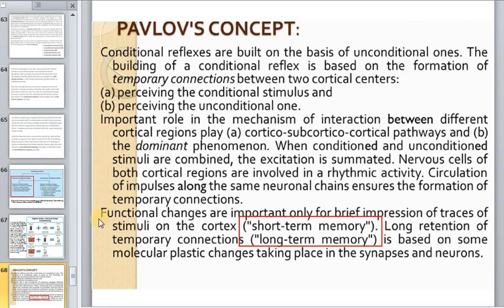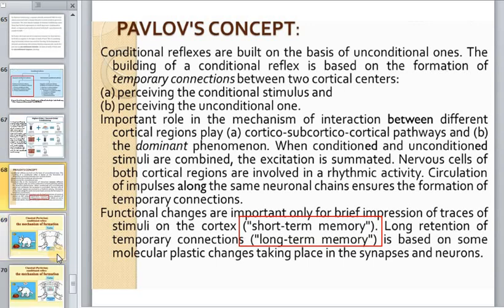Functional changes are important only for the brief impression of stimuli on the cortex, short-term memory. Long retention of temporal connections, long-term memory, is based on molecular plastic changes taking place in the synapses and neurons. It is just memory, different kinds of memory.